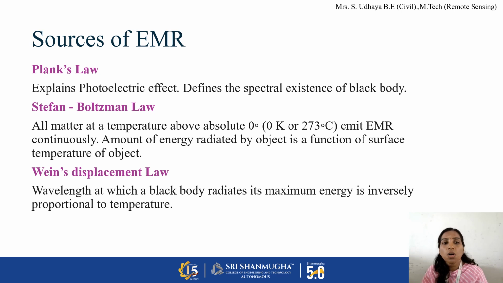As per this law, all matter at a temperature above absolute zero emits electromagnetic radiation continuously. According to the Stefan-Boltzmann law, the amount of energy radiated by an object is a function of the surface temperature of the object. The next one is Wien's displacement law. Here the wavelength at which a black body radiates its maximum energy is inversely proportional to temperature.